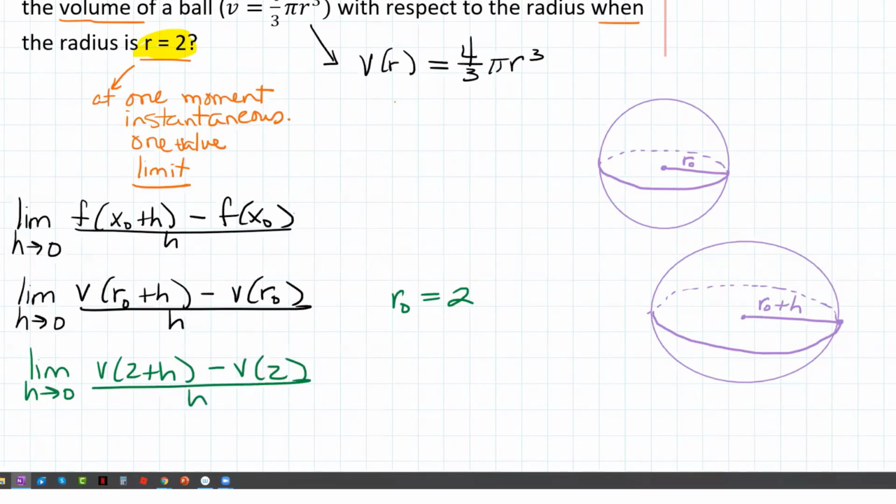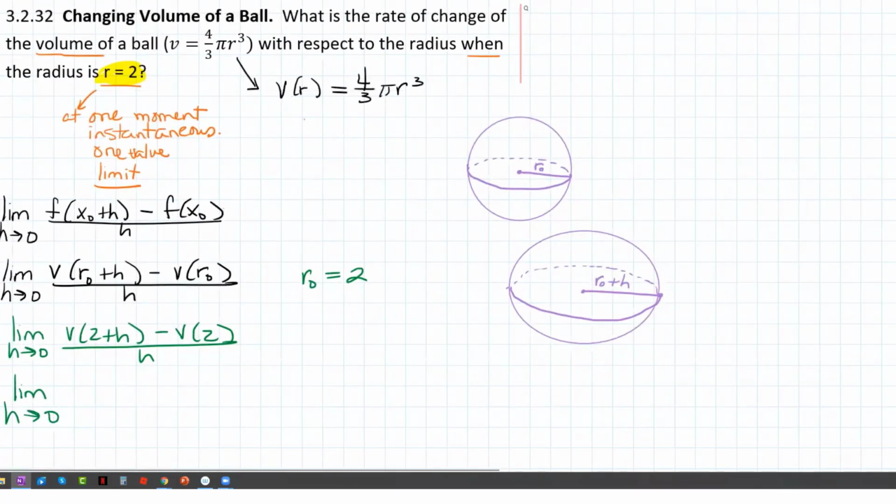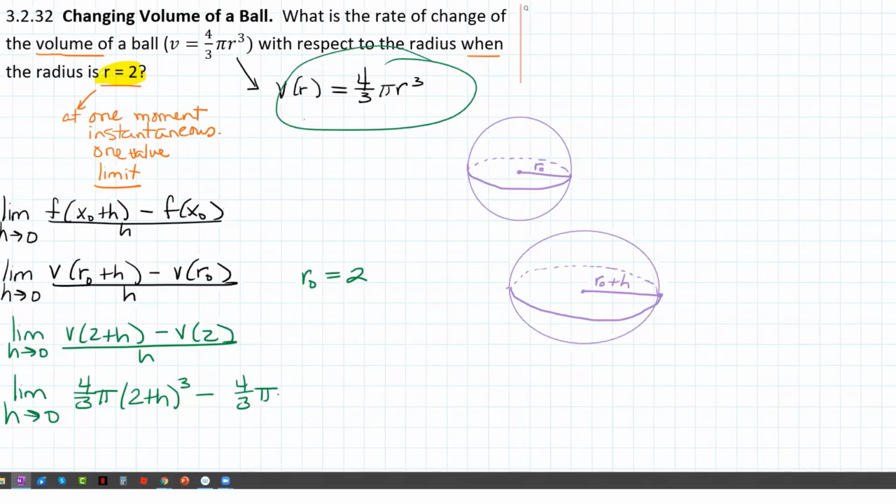So we're going to need to plug into the volume formula. So we have the limit as h goes to 0. And the volume formula is 4/3 pi r cubed. So we're going to have 4/3 pi times 2 plus h cubed minus 4/3 pi times 2 cubed divided by h.